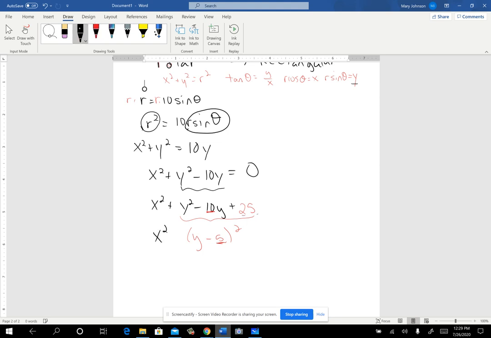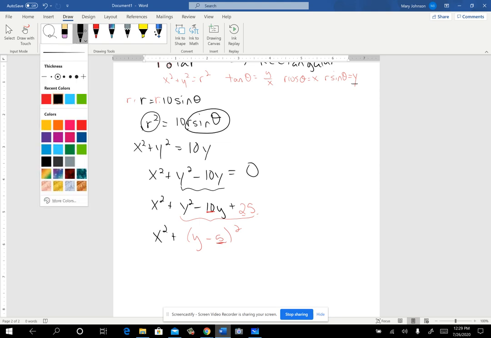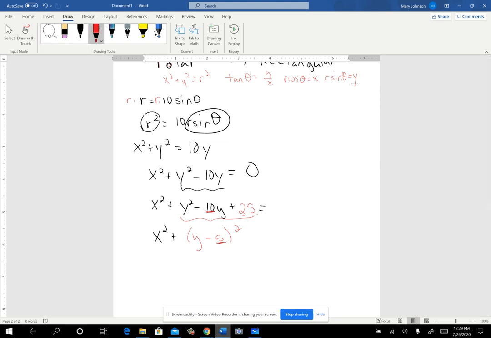So this would be x squared plus the quantity y minus 5, squared. But if I added 25, I'd have to add 25 over on that right-hand side as well. So over here, I'm going to add 25 as well. Okay, then it's still equivalent to what I had before. And then that would be it. That would be a nice way to leave it.